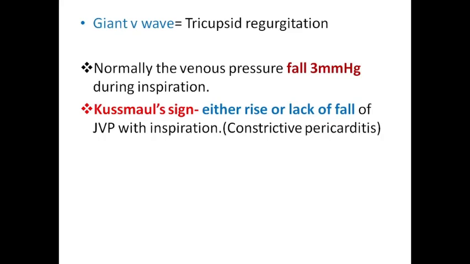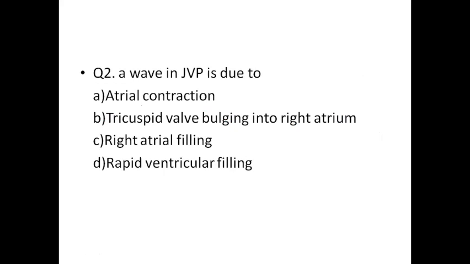Kussmaul sign is a pathological sign seen in constrictive pericarditis, where the venous pressure does not fall, or instead of falling it is raised. It is a diagnostic sign. Keep in mind that constrictive pericarditis is mostly associated with Kussmaul sign. So it is a very easy question.